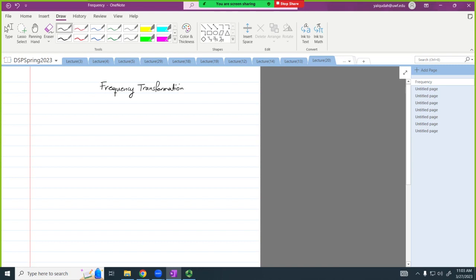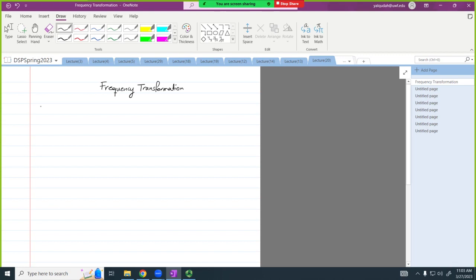In the previous class, we learned how to design a low-pass filter, Butterworth or Chebyshev, using any of the methods: impulse invariance, the matched-Z transform, or the bilinear transformation. What we're going to introduce now is how to take that filter and convert it into any other type of filter, a bandstop, a high-pass, or a bandpass filter, from the low-pass filter design that we studied.